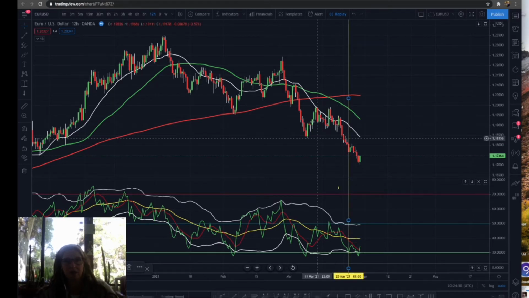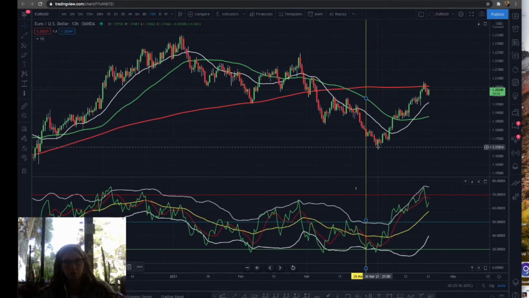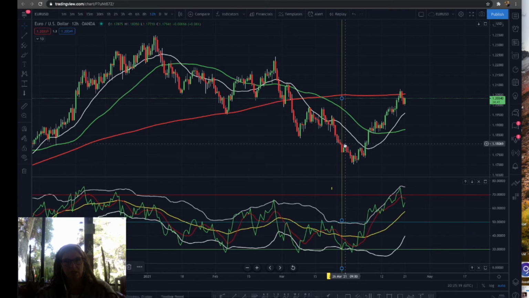So in that scenario, I didn't mark our entry, but I believe we caught this in this part right here. I can't remember. But that is the concept. Now, I'm going to put on the rest of this euro. As you can see, we didn't have much more downside before we reversed the trend.